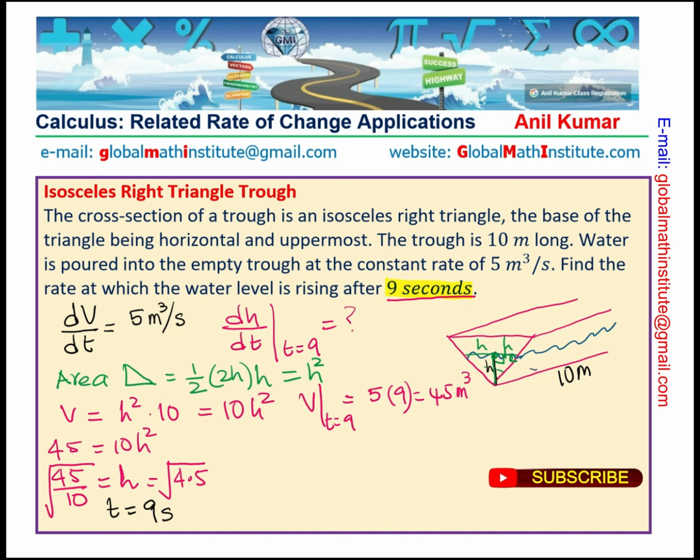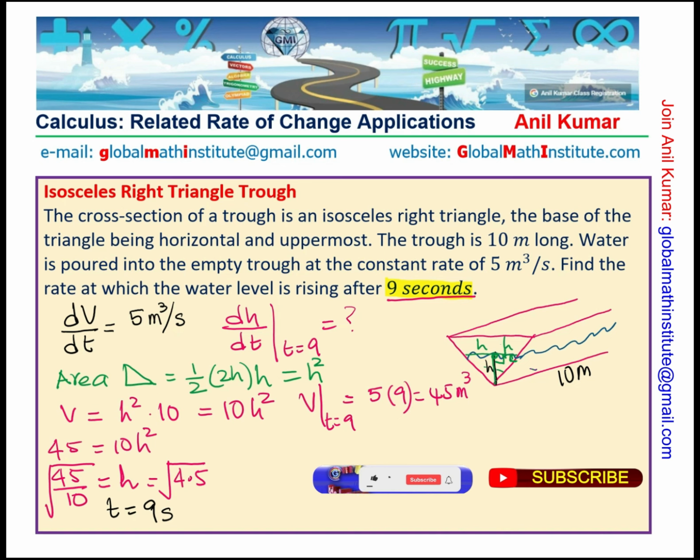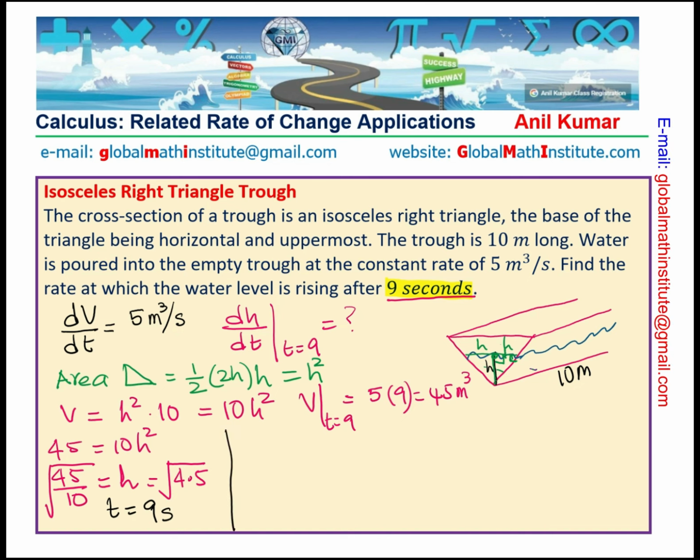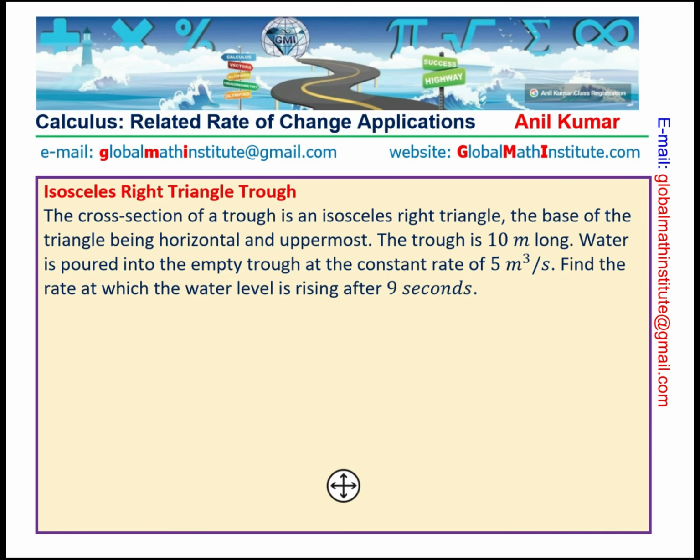Okay, perfect. Now what do we need to find? We need to find the rate of change of height after 9 seconds, correct? We have all the parameters with us. So what we can do is that we have the volume expression, which is 10h squared. So let's do it on a fresh page. Okay, so we have volume expression as 10h squared.